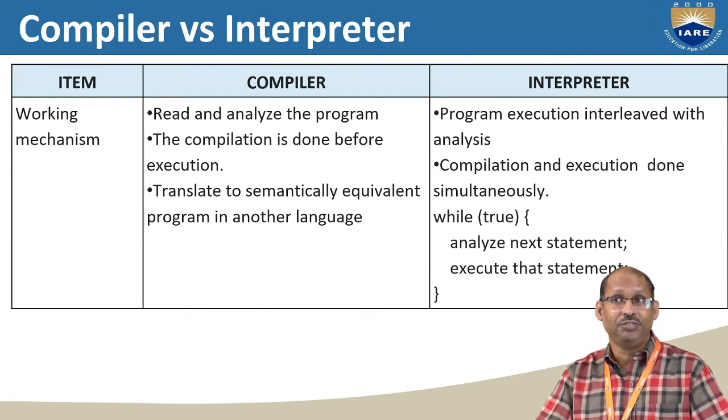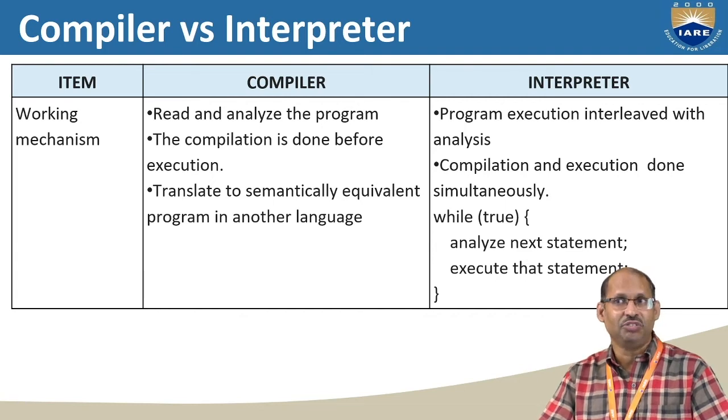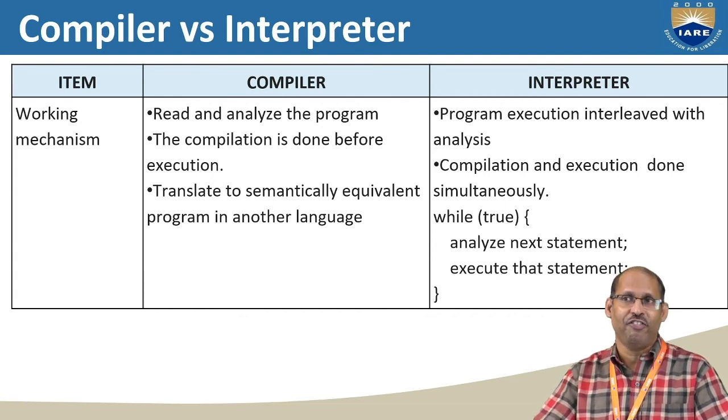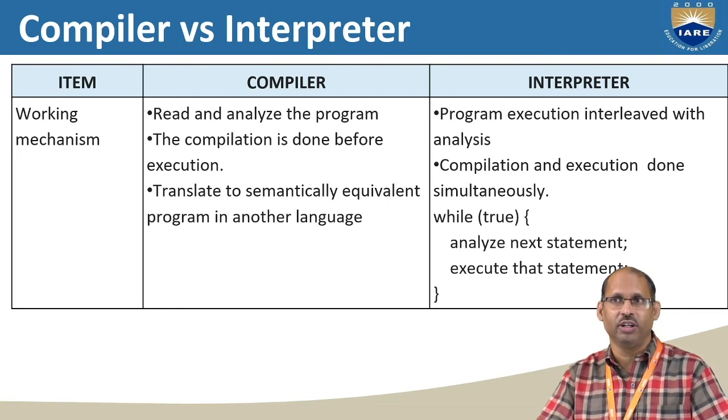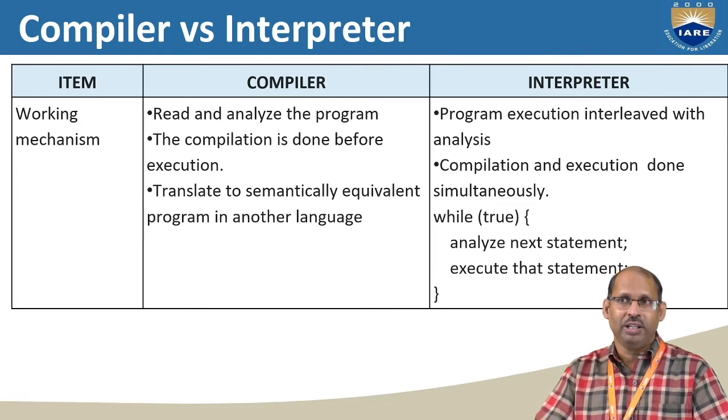Here it is an advantage for debugging, but the disadvantage is if we have a for loop executing 1000 times, the interpreter executes that for loop 1000 times. The compiler simply converts the for loop one time to machine code and executes it 1000 times. It converts in one step and executes the code for 1000 times.